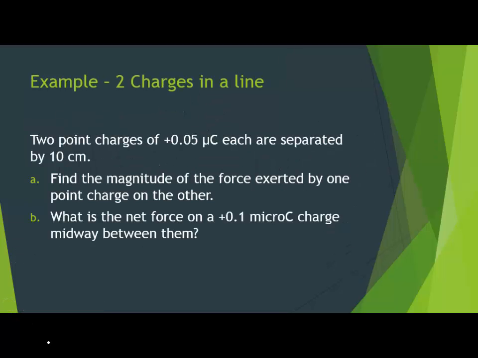All right, so let's look at an example using Coulomb's law, which you should have done last year. We're going to find the force between 2 point charges. This one has 2 point charges here and here, and they're both 0.05 microcoulombs, and that μ means 10 to the negative 6th.